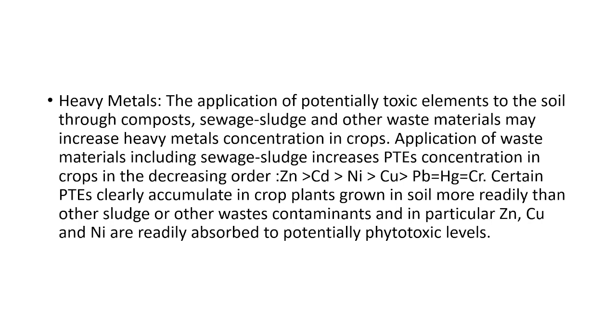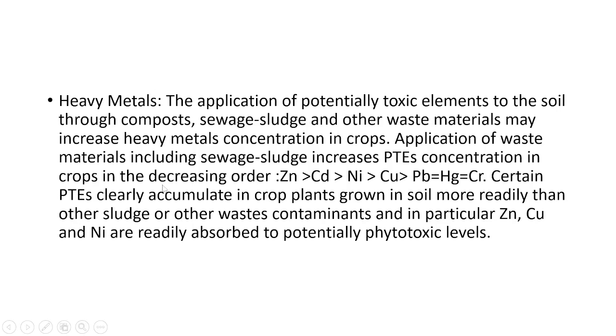So how are these heavy metals responsible for soil layer or soil pollution? The toxic elements are coming from compost, sewage sludge, and other waste material. That's why the heavy metal concentration increases in the soil and in the crops.